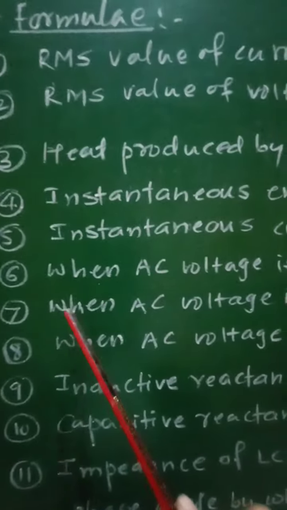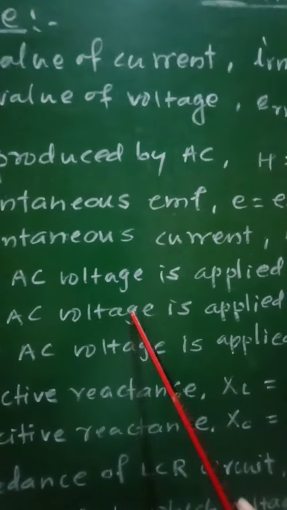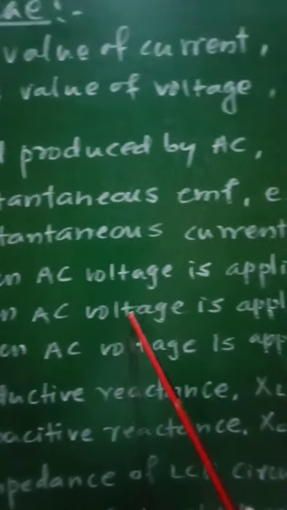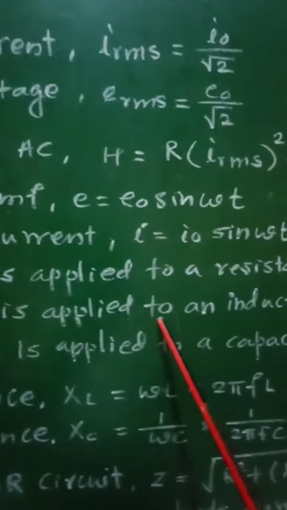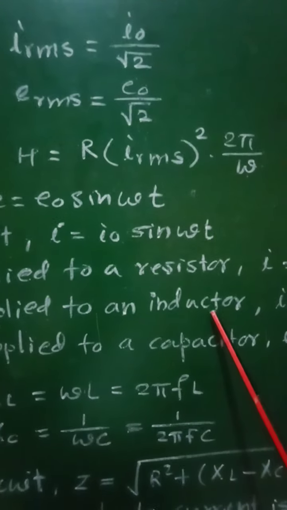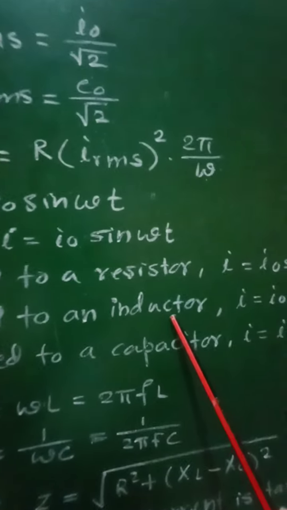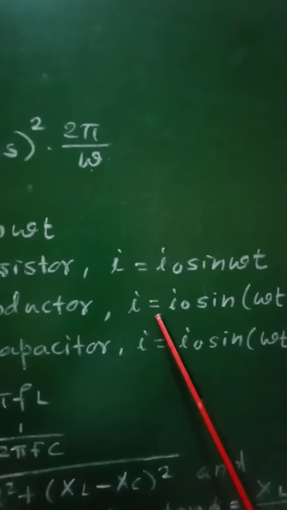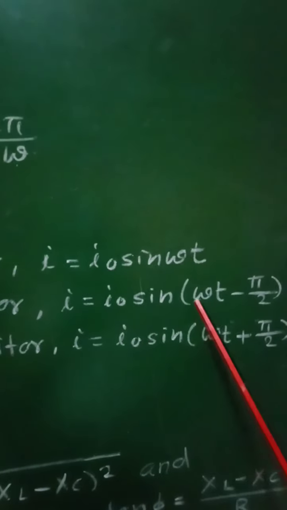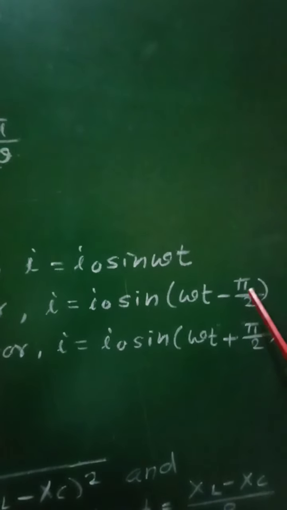Seventh formula gives, when AC voltage is applied to a purely inductive circuit, that is to an inductor, then I is equal to I0 sin omega t minus pi by 2.